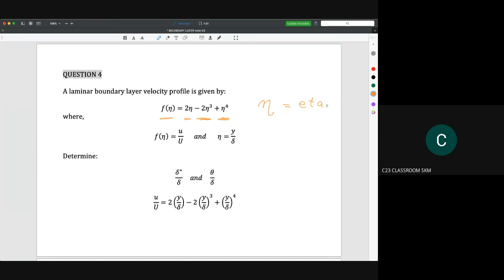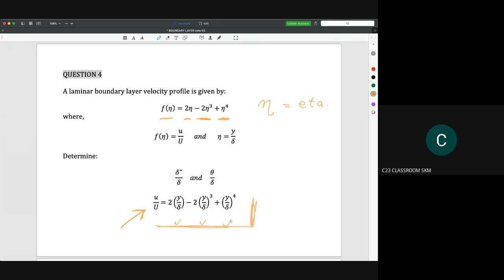Previously, in a velocity distribution, we wrote u over U. In our first tutorial, I gave you one of the velocity profiles as 2y over delta minus 2 (y over delta) cube plus (y over delta) to the power of 4.